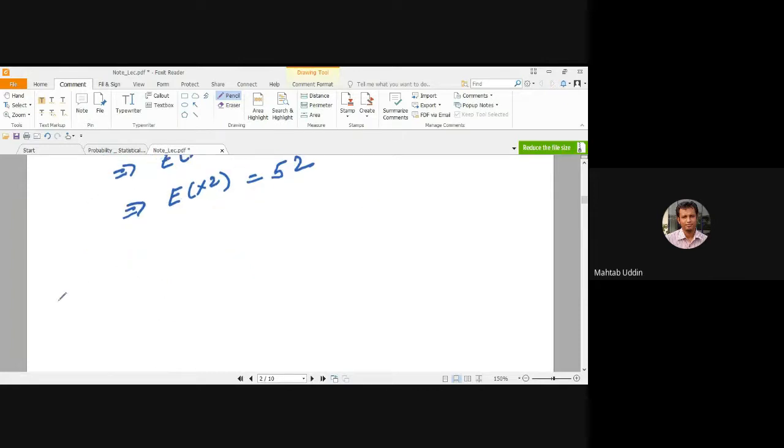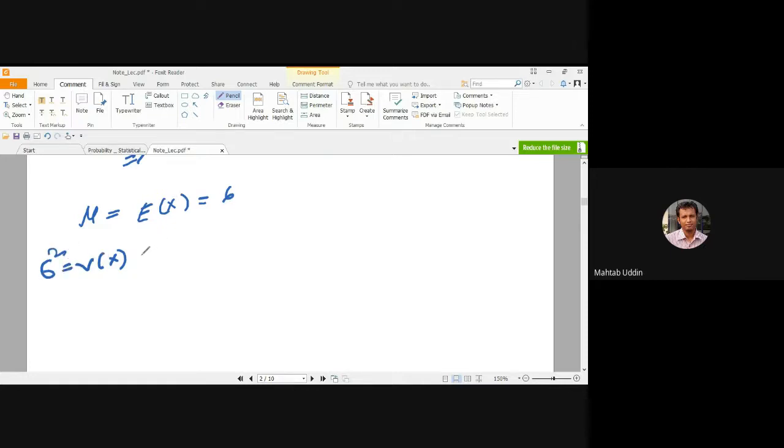Since they are in our hand, we can easily find mu. Mu, expectation of x, is equal to 6. Variance of x, Vx, is variance of x. We can write sigma square is equal to expectation of x square minus expectation of x whole square. 52 minus 36 is equal to 16.